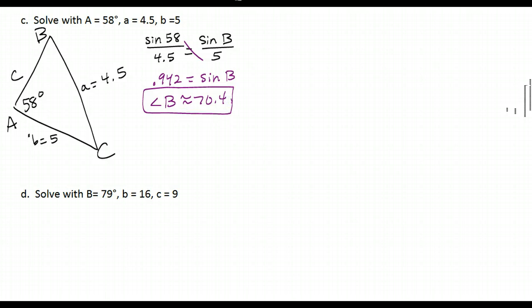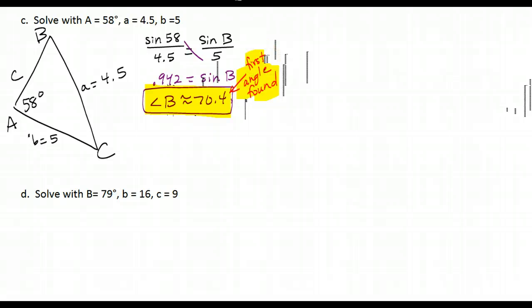Now I just want to tell you that this time angle B was the first angle I found. You always test to see if there's a second triangle using the first angle that was found. So I'm going to use that angle when I test for a second triangle in just a minute. But let's find C first. Angle C is 180 subtract my angle given, subtract 70.4.